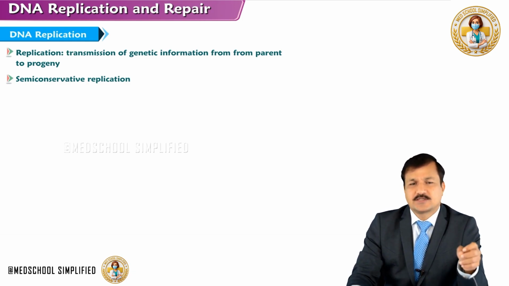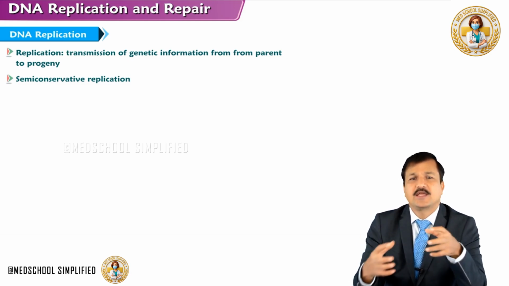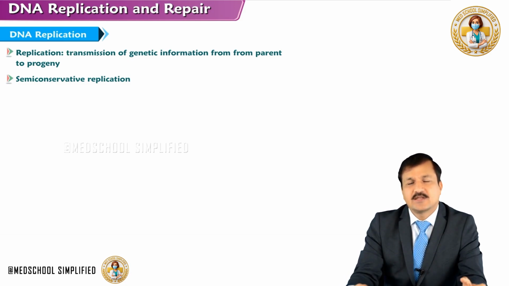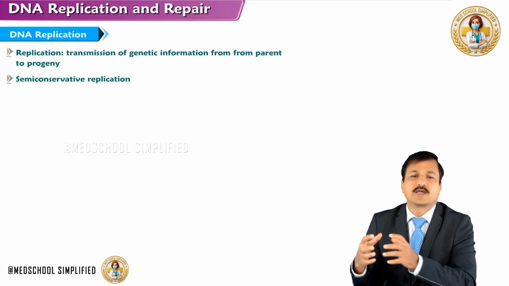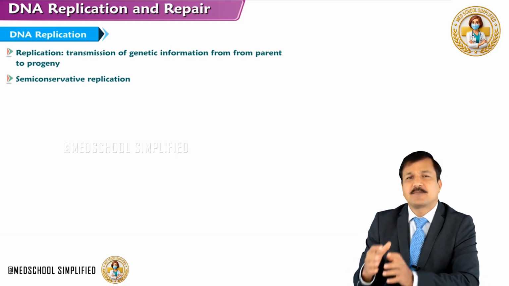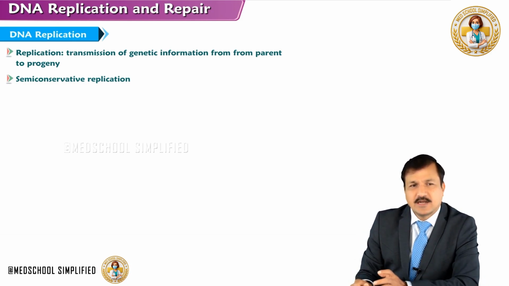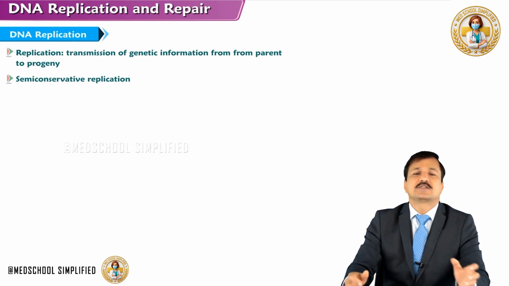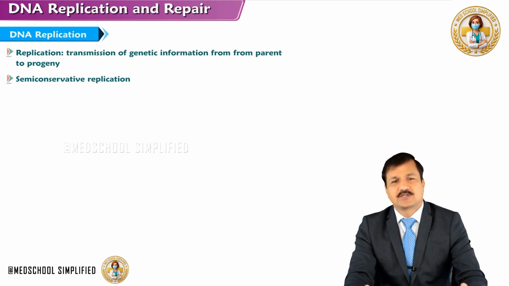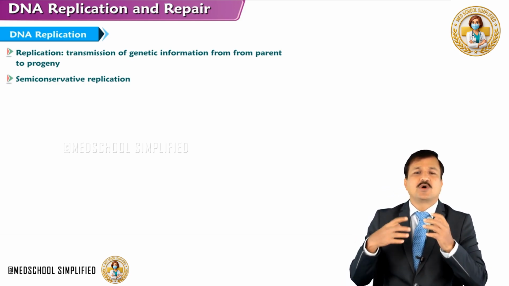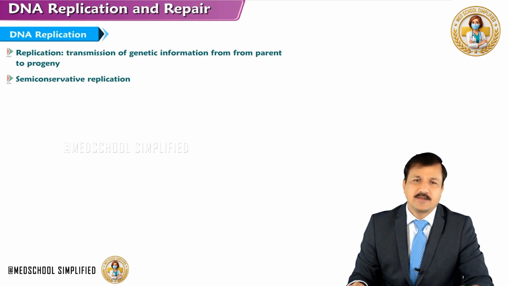During DNA replication, the two complementary strands of parental DNA are pulled apart, and each parental strand is then used as a template for the synthesis of a new complementary strand. This type of DNA replication we refer to as semi-conservative replication. During cell division, each daughter cell receives one of the two identical DNA molecules.